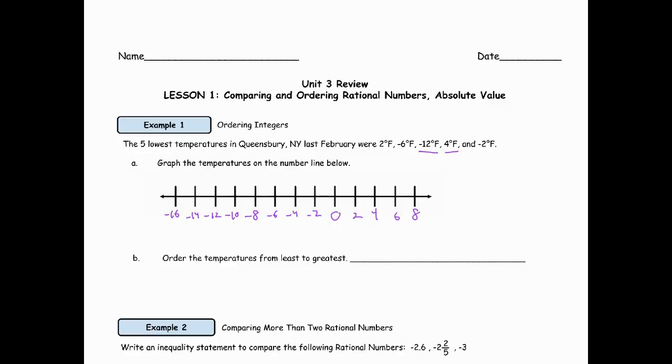What we need to do next is to label the points. And so I'm just going to go in order here. 2 degrees Fahrenheit would be located right here to the right of 0. And remember, the labels always go above the number line.